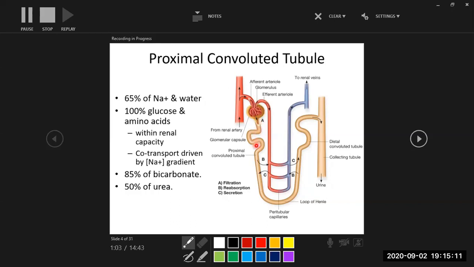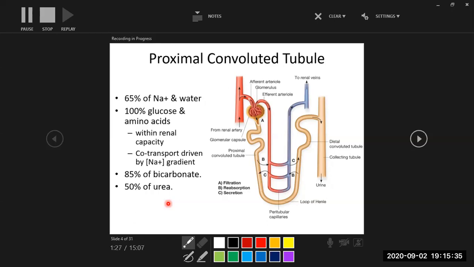And here is the proximal convoluted tubule. Here is the summary of the most important, essential portion reabsorbed in this area. So we have sodium and water reabsorption.